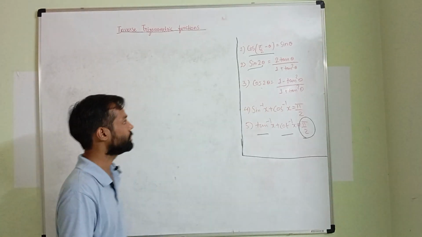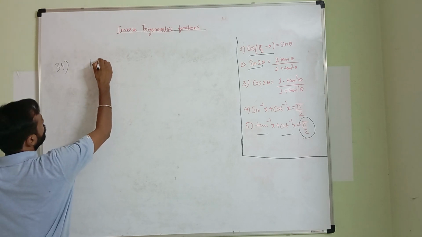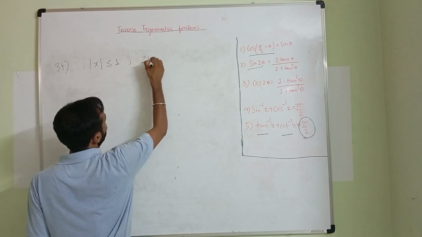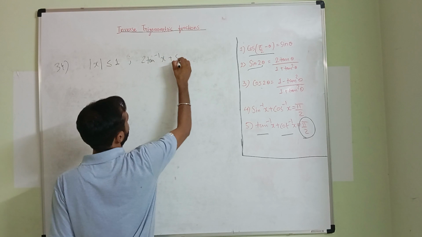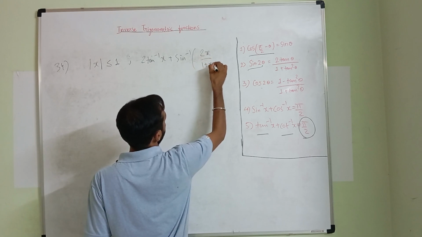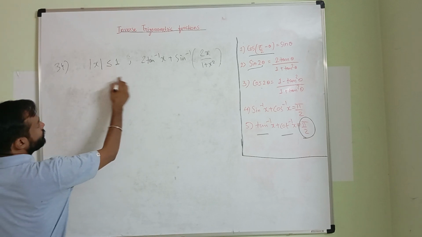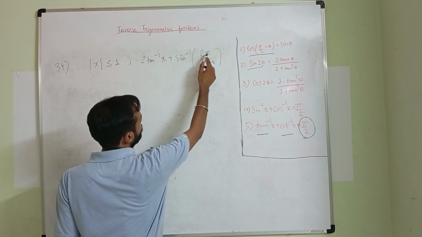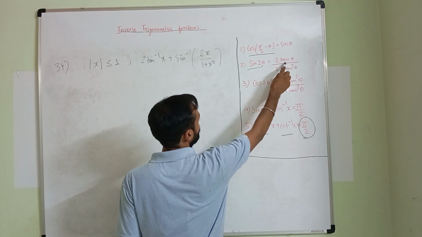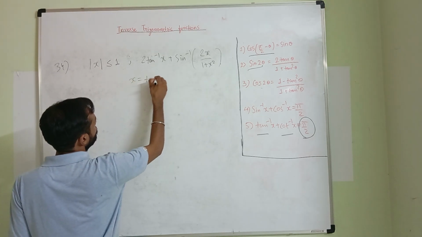Next is example number 34. In this, it is given mod of x is less than or equal to 1, then find the value of 2 tan inverse of x plus sin inverse of 2x upon 1 plus x square. So here it is in the form 2x upon 1 plus x square, hence we will assume x to be equal to tan theta.